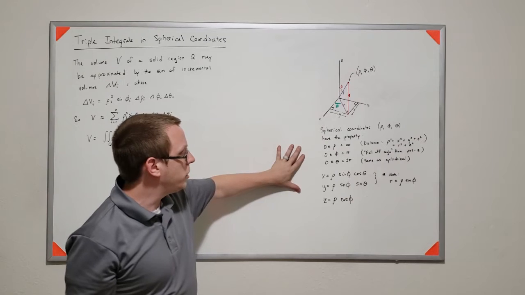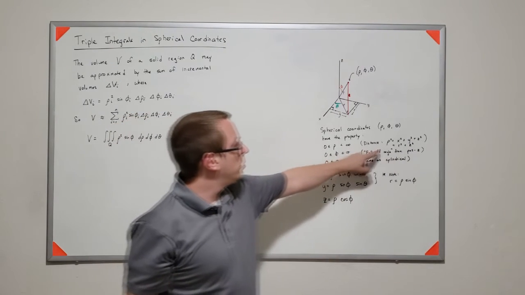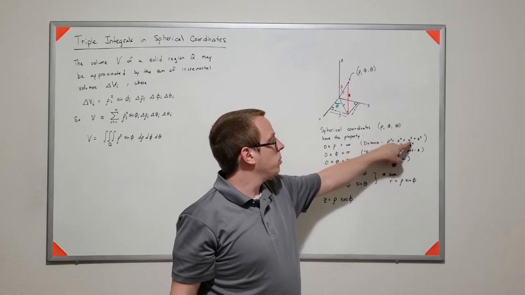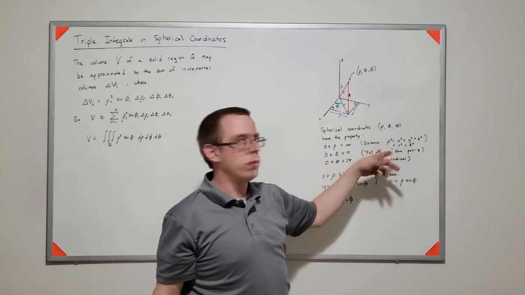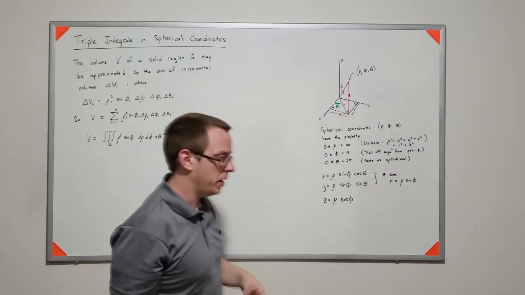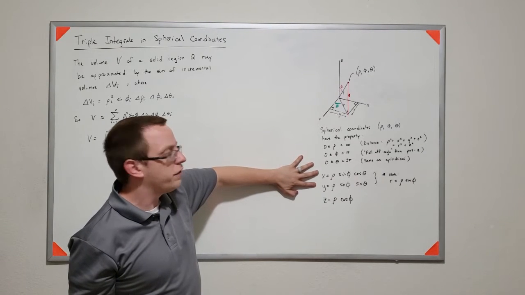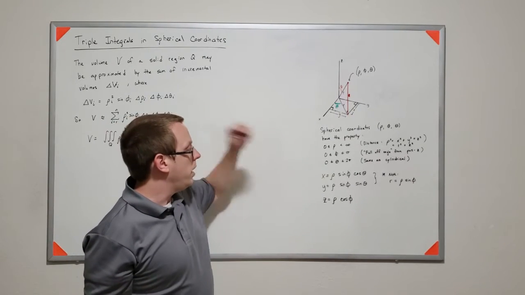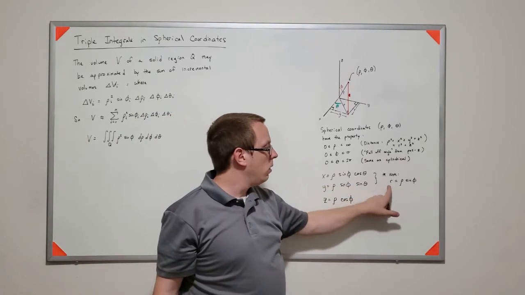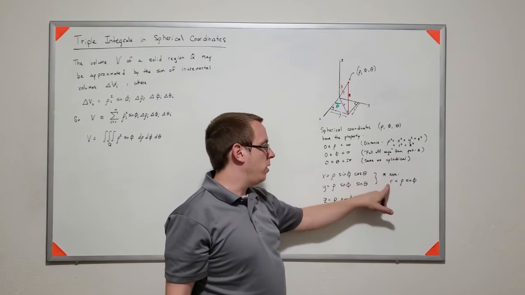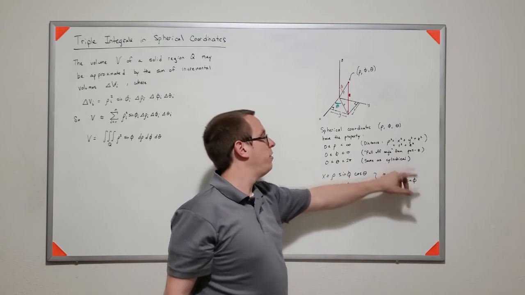And there are these special relationships. Again, rho squared is x squared plus y squared plus z squared, so usually think of rho as the square root, right? That's the distance. And you have these special relationships: rho sine phi cosine theta, and rho sine phi sine theta. Now, what's probably easier to think about is that r is rho sine phi.